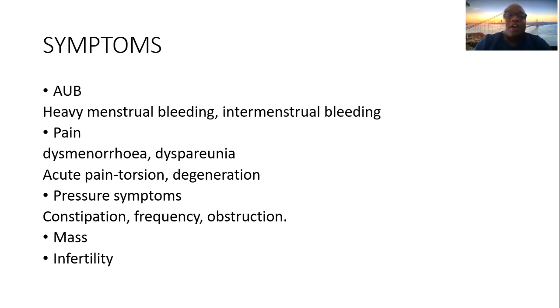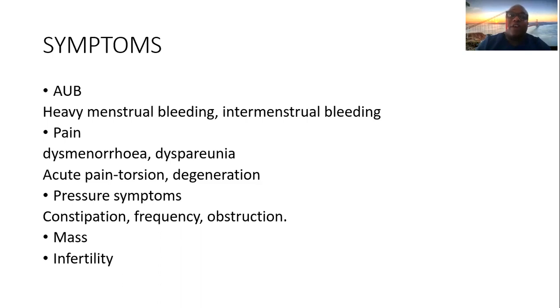And then we also have a very common presentation of pain during the periods, known as dysmenorrhea, and sometimes pain during intercourse, known as dyspareunia. Sometimes the pain can be a result of torsion.